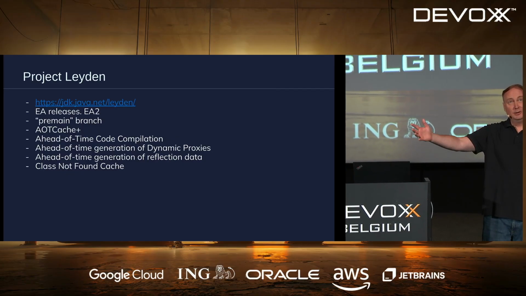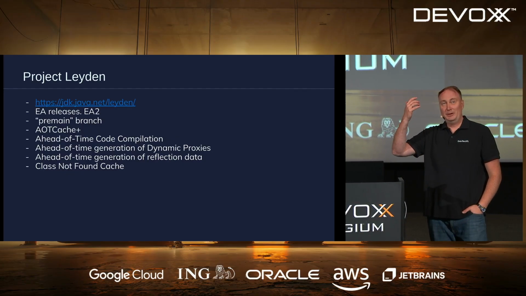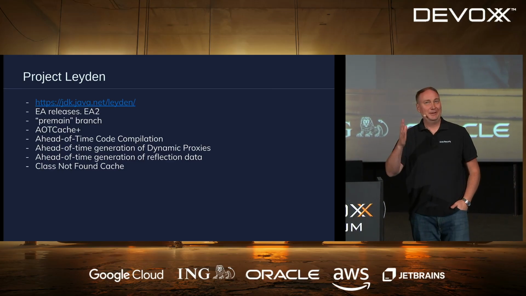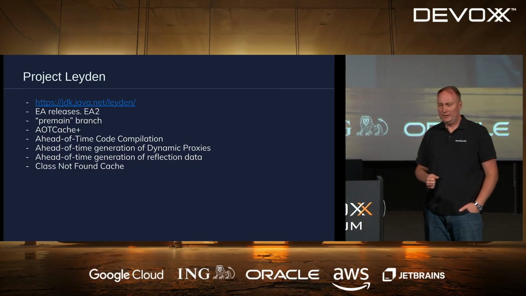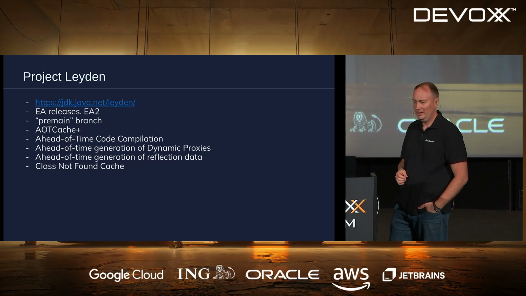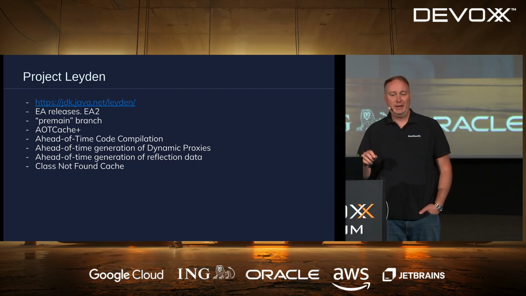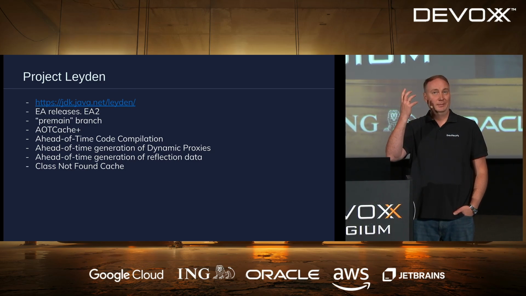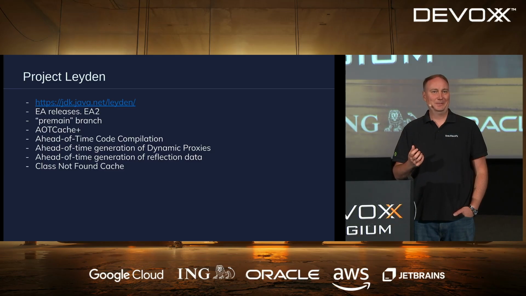Well, anyway, this technology improves. And you know about Project Leyden, probably also been very well covered on Devoxx. And we can take the EA build for Project Leyden, the most recent one, and try to experiment with AOT cache that also allows you to store compiled methods.